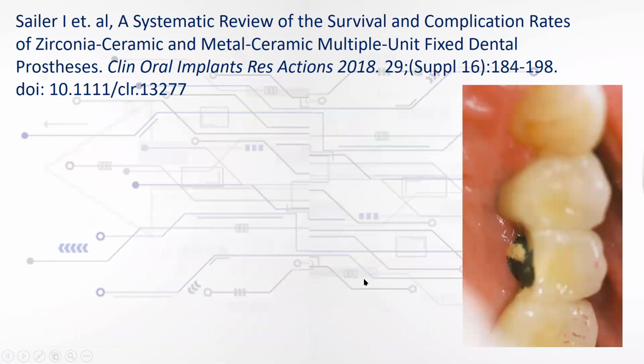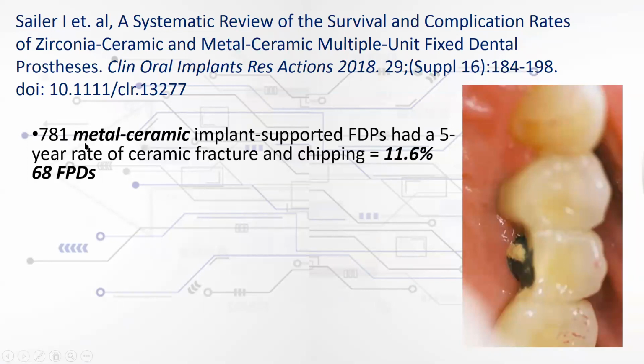This is an interesting systematic review that looked at fracture rates, chipping of ceramic materials, between zirconia ceramic restorations and metal ceramic restorations supported by implants. And what was interesting is there were nearly 800 metal ceramic implant supported fixed partial dentures that only fractured 11% of the time, or a total of 68.